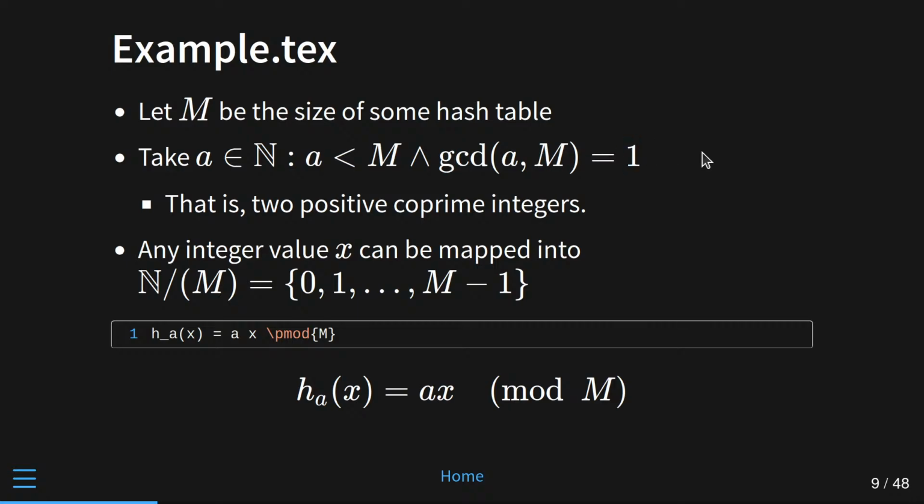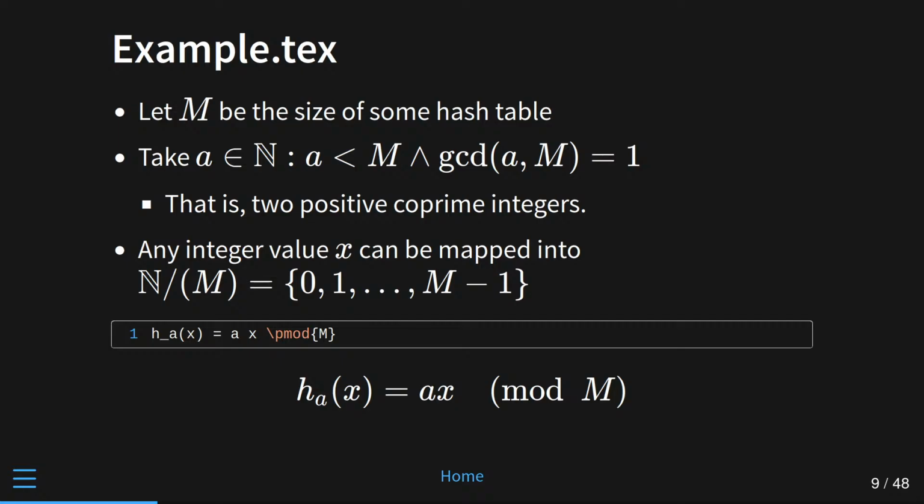Why do we want it to be co-prime? Well, I'm going to take a, and I'm going to be multiplying and dividing by a to change what number I am going to generate from my bits of information. And since I'm using a for that, I want to make sure that if I have, for example, a hash table of size 25 and a is 5, I will only be able to generate multiples of 5, so I will not be able to use every cell in my hash table.